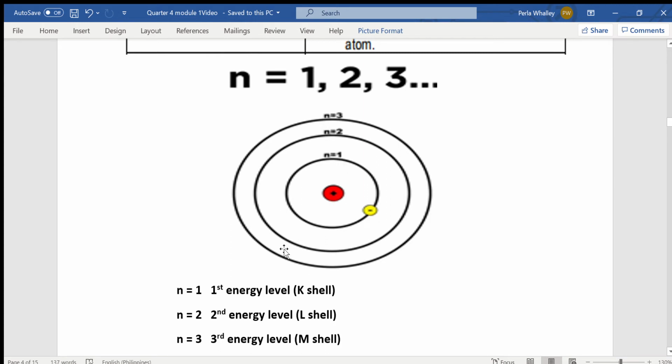When n is equal to 1, the electron is on the first energy level, and it is also called the K shell. When n is equal to 2, the electron is on the second energy level, and it is also called the L shell. When n is equal to 3, the electron is on the third energy level, and it is also called the M shell.